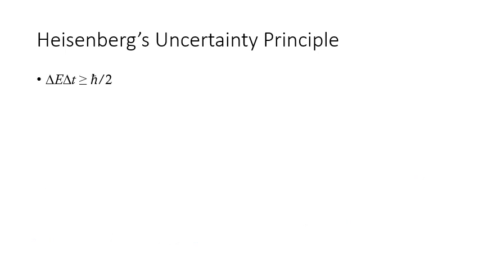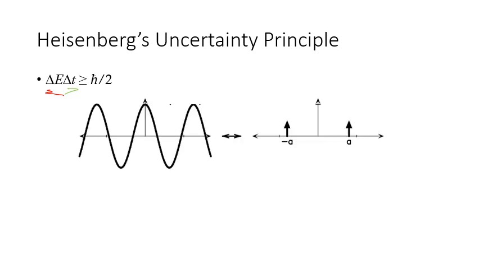Now this is a different conjugate pair. This is the energy of an event multiplied by the uncertainty in the time of that event. And this one means quite a lot to me, as my undergraduate degree involved a lot of what this picture is. This is what's called a Fourier transform.